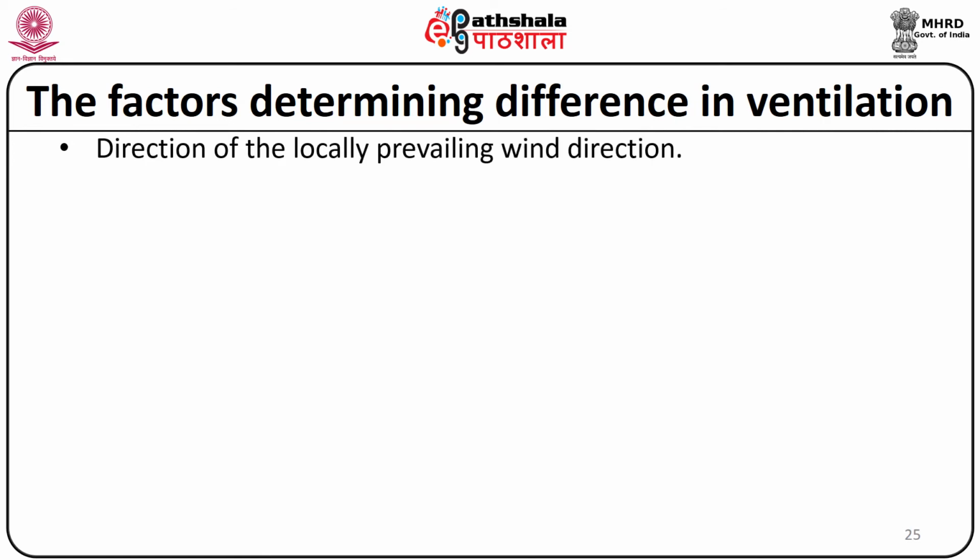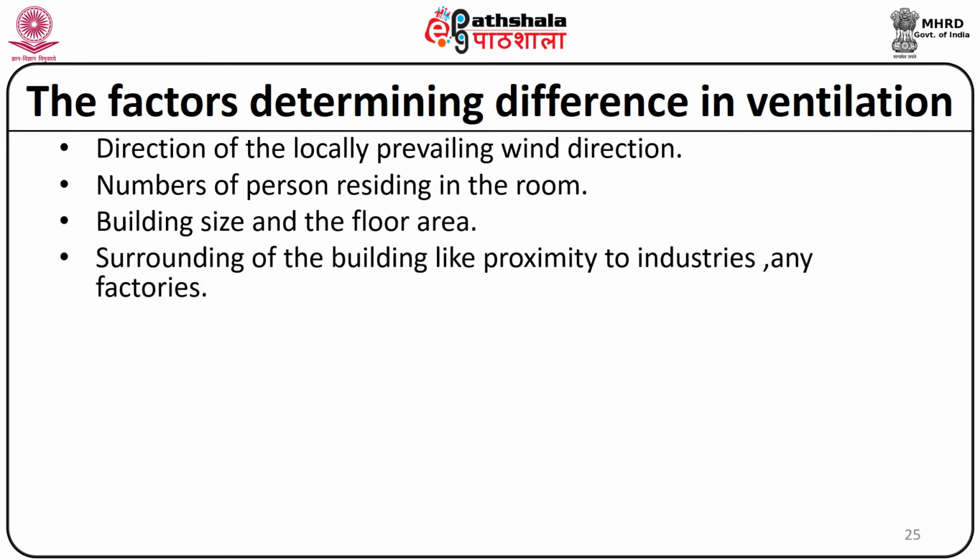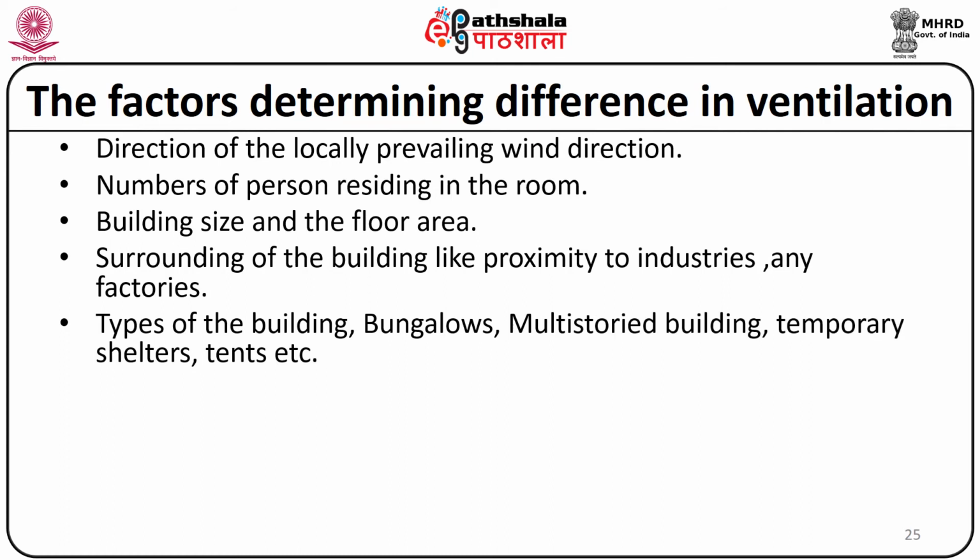The factors determining differences in ventilation are the direction of the locally prevailing wind. That is not within our control because it is a natural force that operates on a larger scale. At local scales or for temporary periods, the direction of wind can be modified. Other factors are the number of persons residing in the room, building size and floor area, and surroundings of the building, like proximity to industries and factories, and also if there is a heap of garbage, that may cause a nuisance for adequate ventilation.